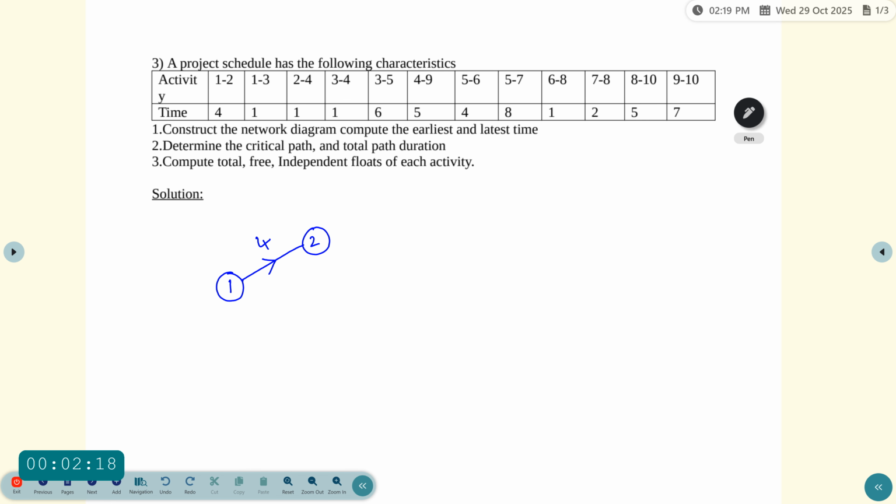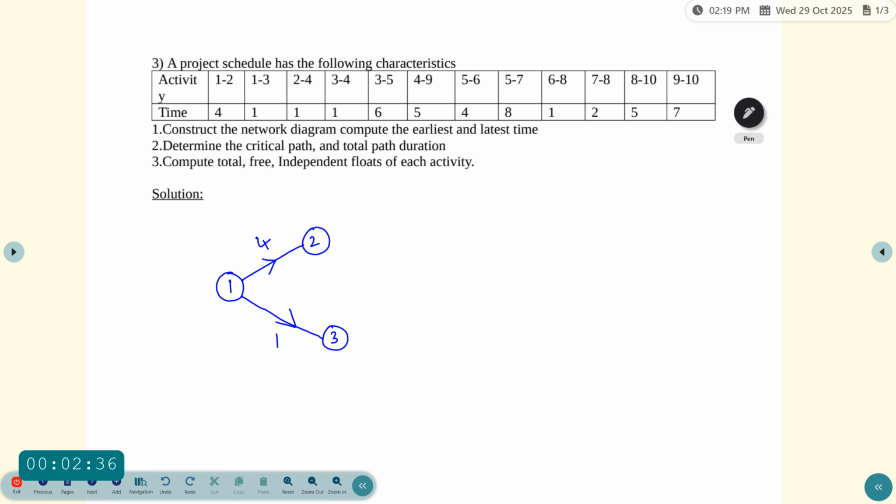Then the second activity is 1 to 3. 1 is the first event, and it ends at another event which is 3, and the corresponding duration is 1.